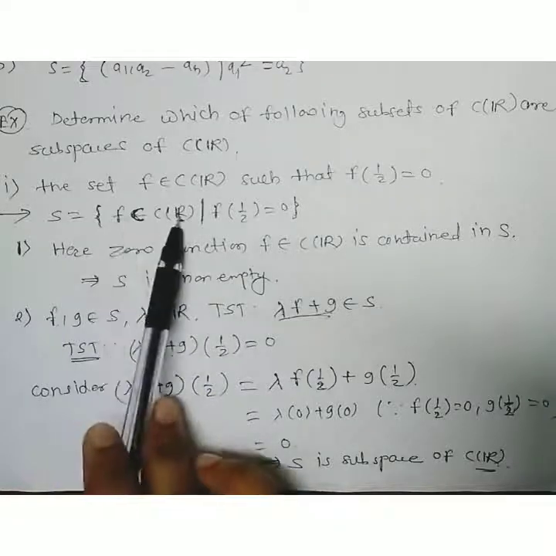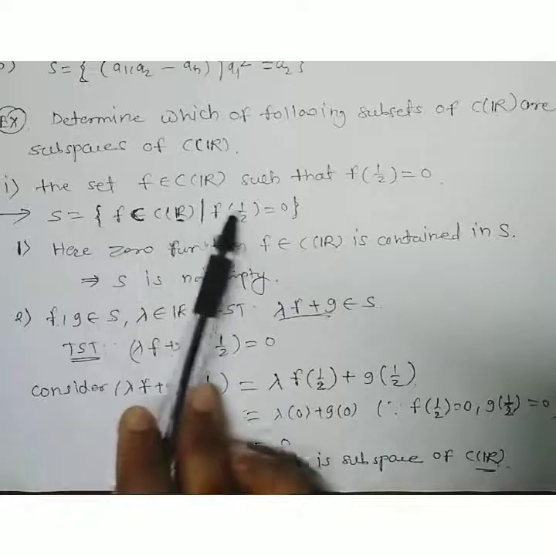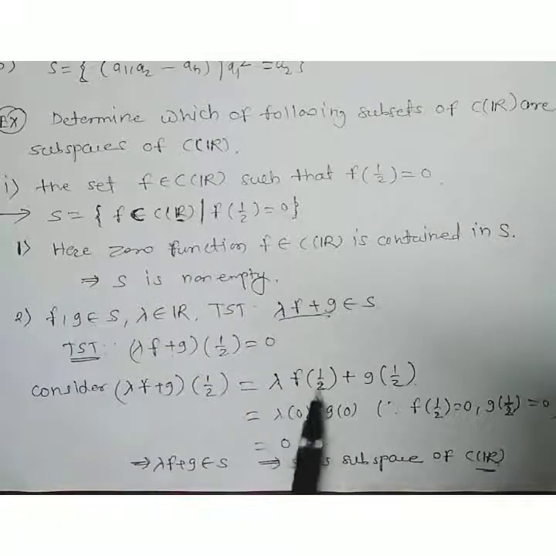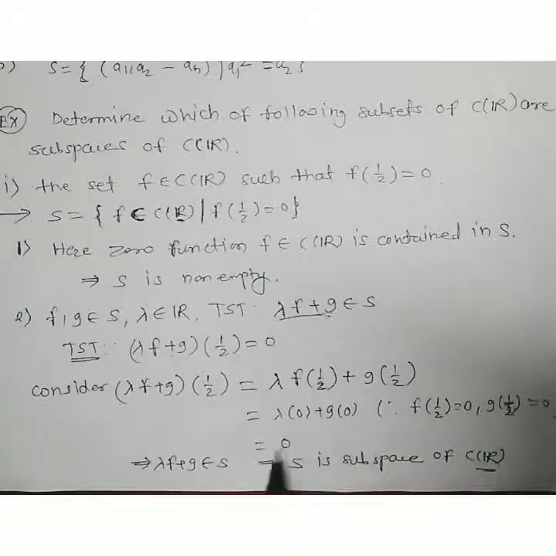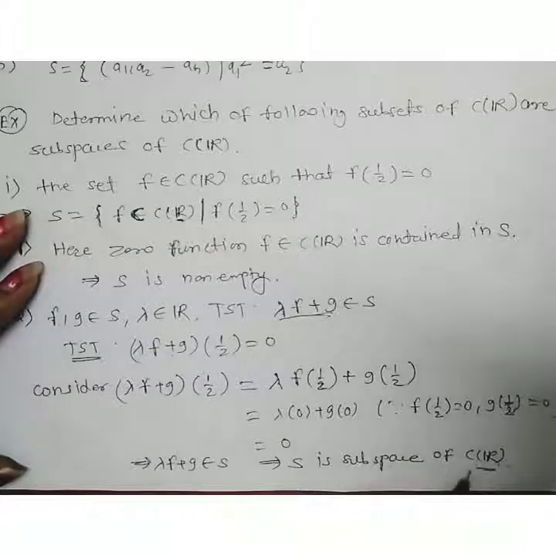Since f belongs to S, f of 1/2 is 0, and since g belongs to that set, g of 1/2 is also 0. So this is lambda times 0 plus 0, which is again 0. Therefore lambda f plus g operating on 1/2 is equal to 0, which implies that lambda f plus g belongs to that set, and hence S is a subspace of C over R.